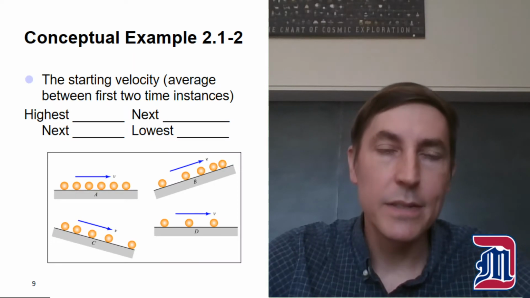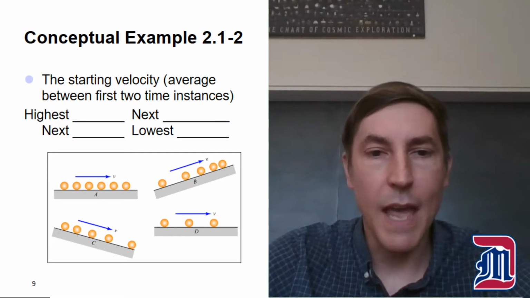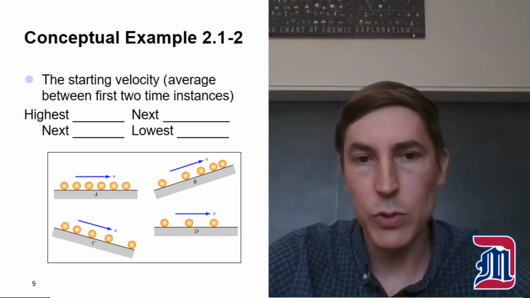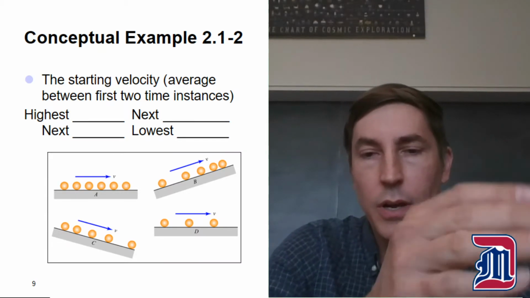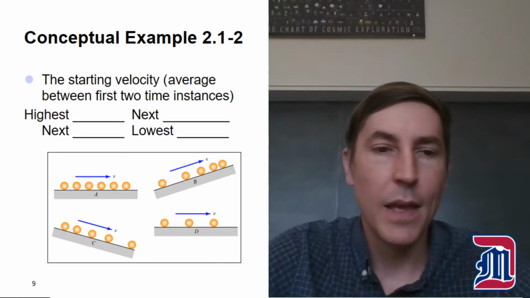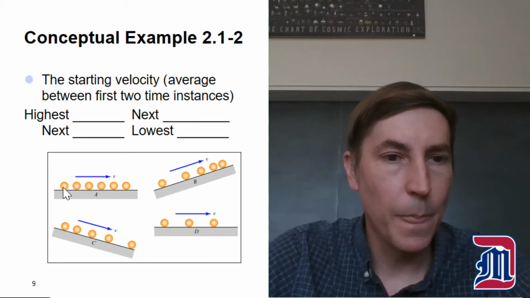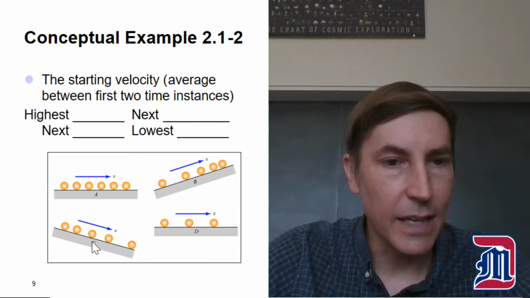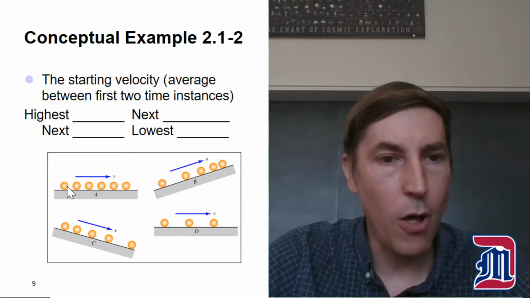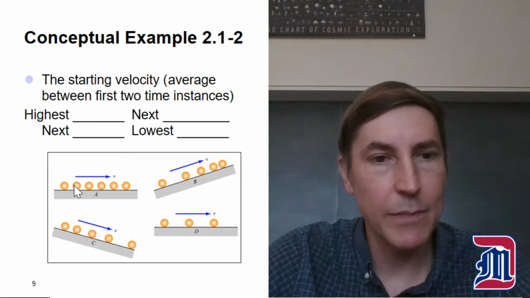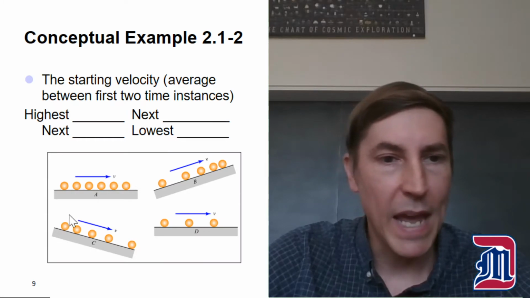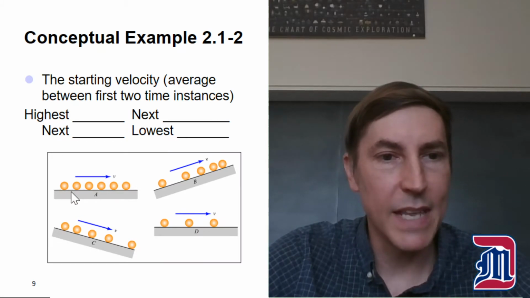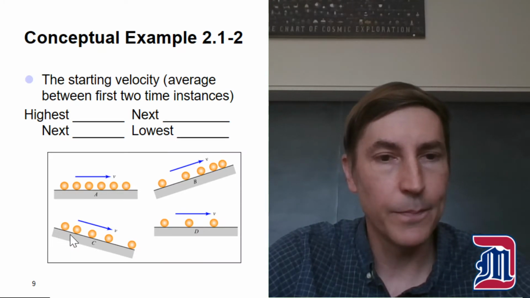Velocity is how fast the position is changing with respect to time. How much did my position change for a given amount of time? If I look at these pictures, A and C look like my ball covers the same displacement, the same distance for the same delta T. So A and C have about the same average initial velocity.